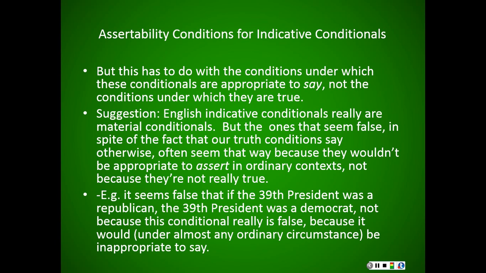So it seems false, for example, that if the 39th president was a Republican, the 39th president was a Democrat. I say, not because this conditional really is false, because it would, under almost any ordinary circumstance, be inappropriate to say. And that explains away why it seems to be false, in spite of the fact that I think it is true.